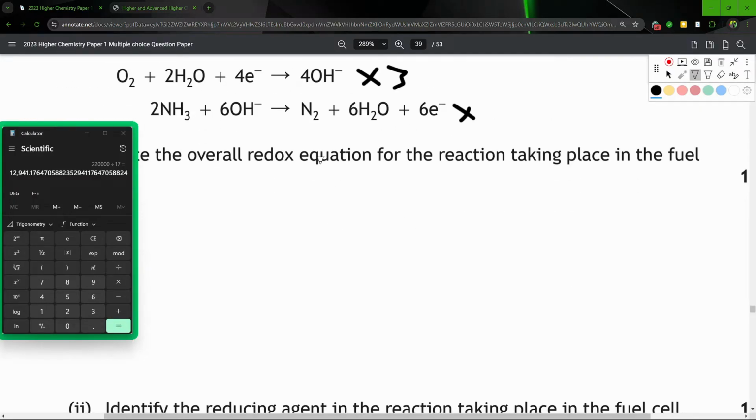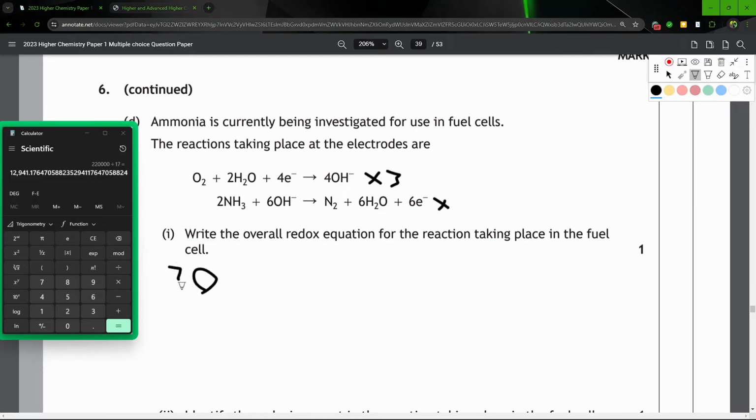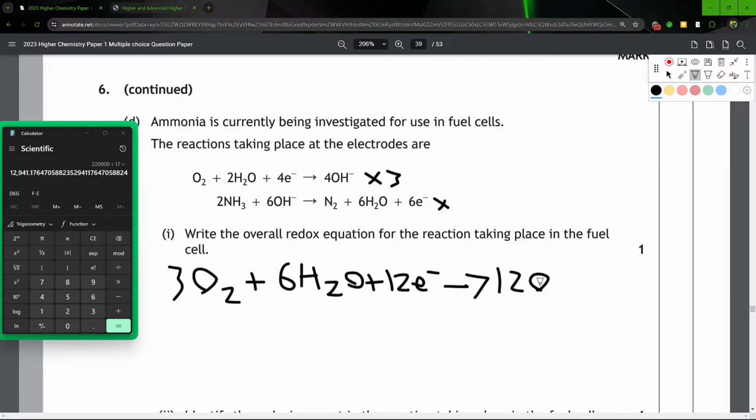So if I write all this out, 3O2 plus 6H2O, and I would leave everything in and then we start cancelling stuff out. 12e and then 12OH.